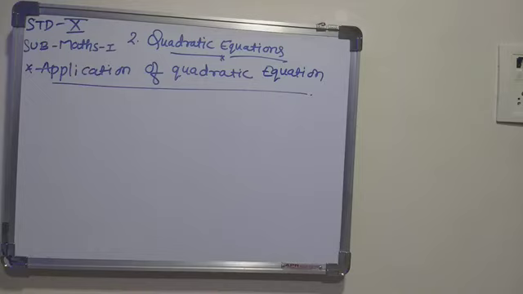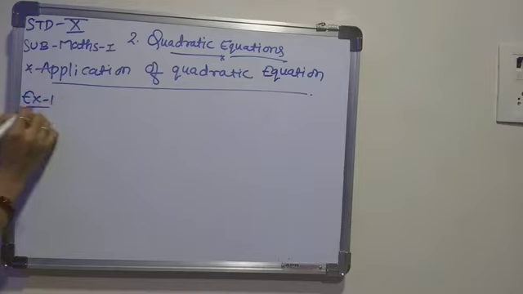I'm not going to write the question on the board, so let's just see example number 1 of page number 50. Here we are going to frame the quadratic equation.